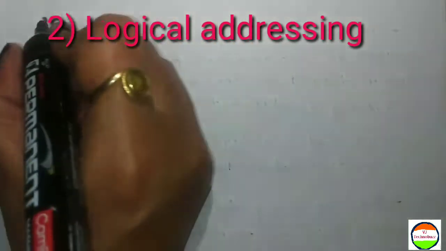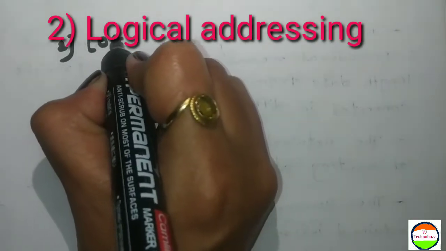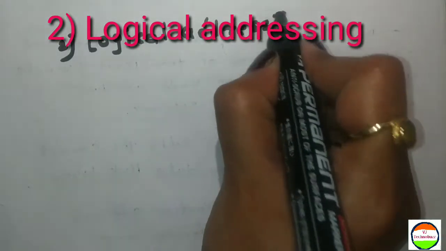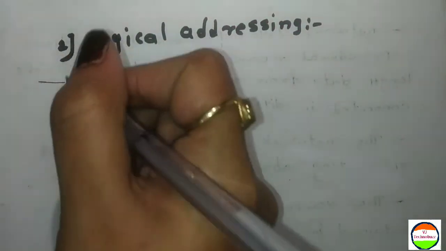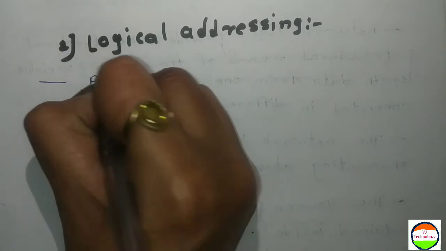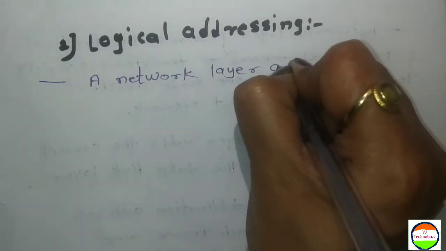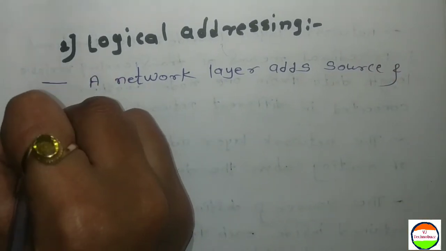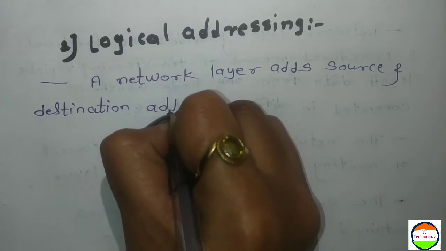Second function of the network layer is logical addressing. A network layer adds source and destination addresses to the header of the frame.